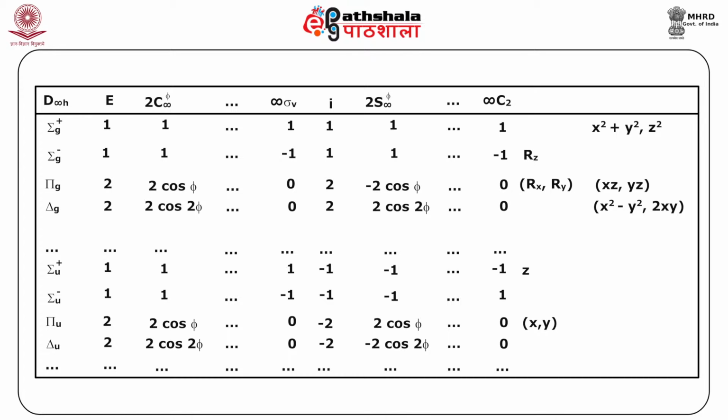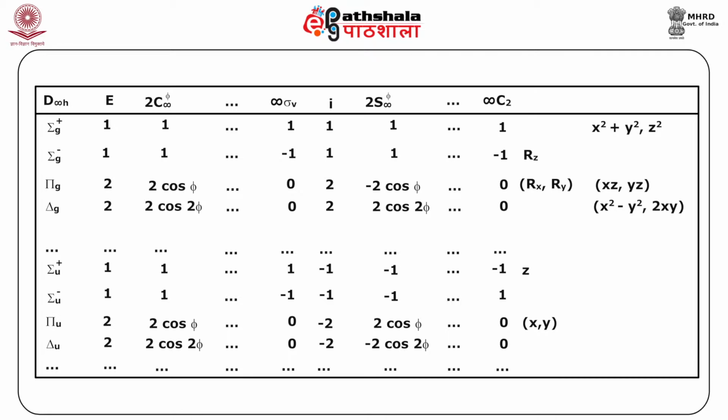Then there are 2 C∞ axes. One is for rotation clockwise by any angle, and the other one is rotation anti-clockwise along the bond axis by any angle. Then there are an infinite number of sigma v planes which pass through all these axes. There is a center of symmetry at the carbon atom.